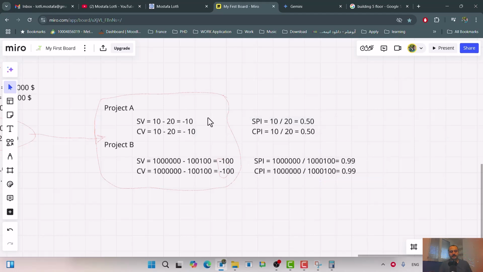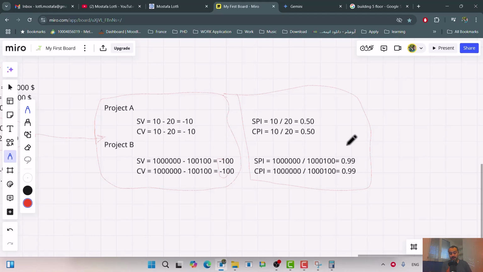Now you will see why I'm saying this, because by this you can also know if you are ahead or behind. If it's below 1, it means you are behind. If it's above 1, it means you are ahead.